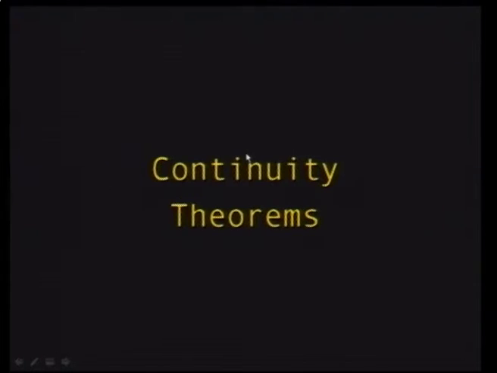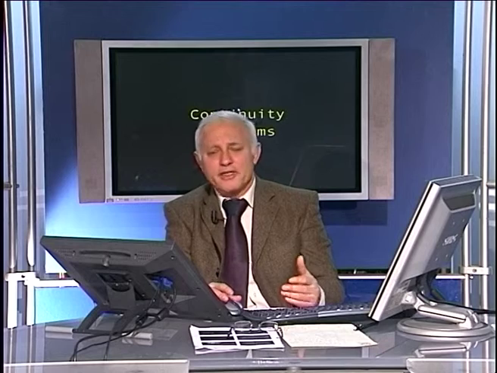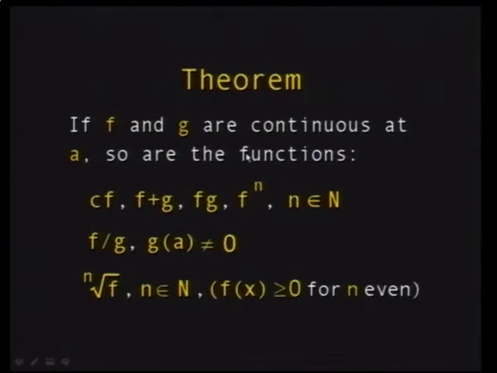Now, for continuity, you don't always use the test to check the continuity of a certain function at a point. There are some theorems which facilitate your task. For example, suppose you have a function which is continuous and you multiply it by 3. Then 3 f of x is continuous. And if you have two continuous functions, f and g, and you add them together, you get a continuous function.